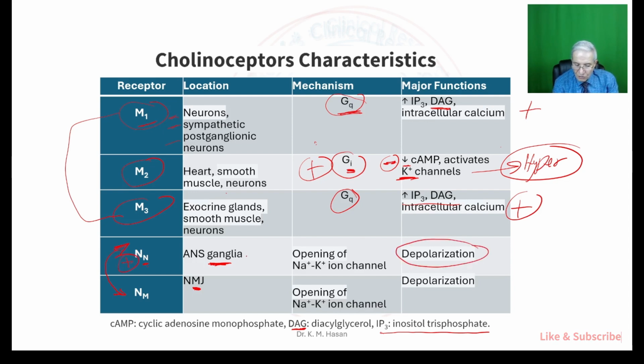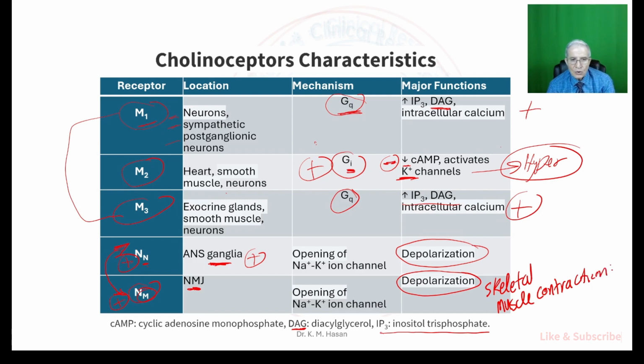So activation of ganglia leads to depolarization. If you activate the nicotinic receptor in the muscles, M stands for muscles, the result will be depolarization, and this leads to skeletal muscle contraction.